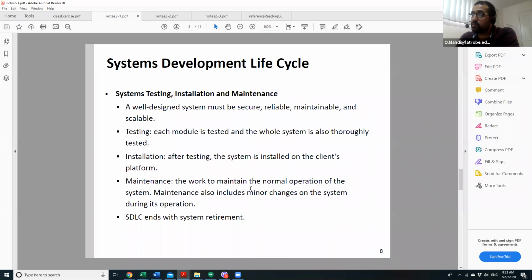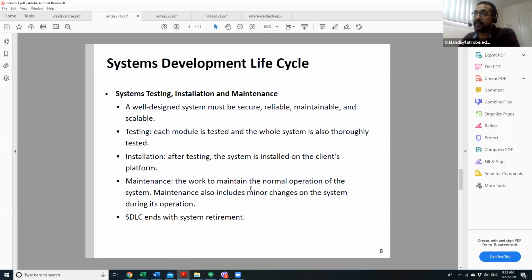Lastly, system testing and installation maintenance should be the last phase in developing an information system. So when you reach this phase, you are done with your system planning, design, analysis, and implementation as well. Now it's time to test your information system.